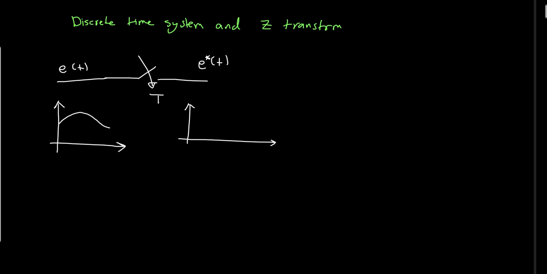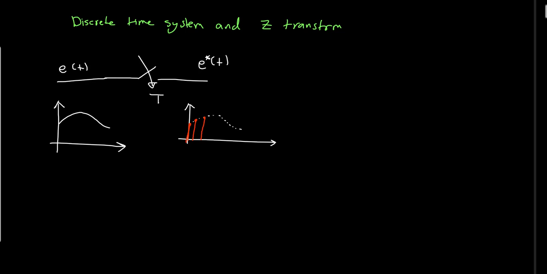So if we virtually plot the signal, when the switch is closed, we can see this point, and after another T you can see this point, another T you can see this point.